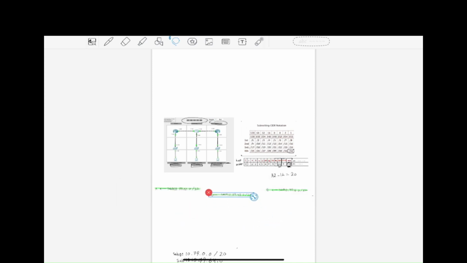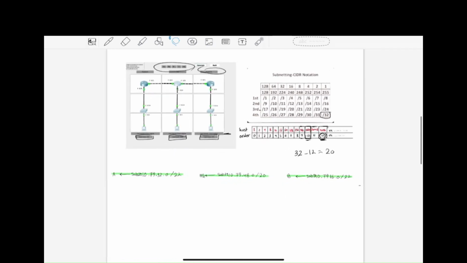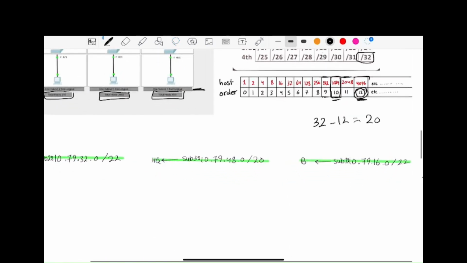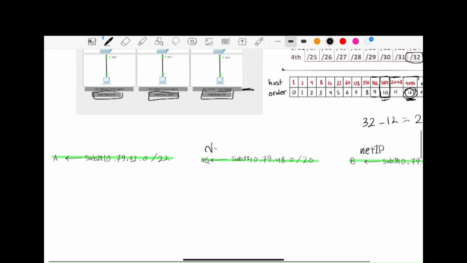What we want right now is this network IP.